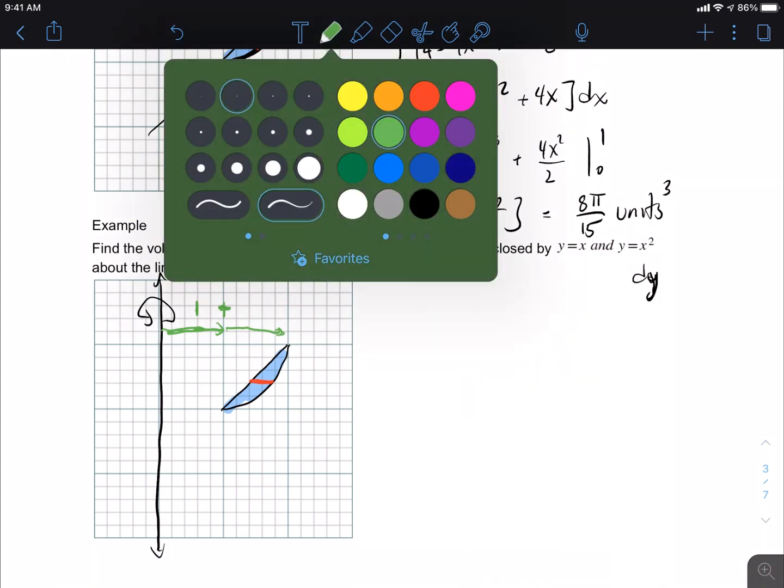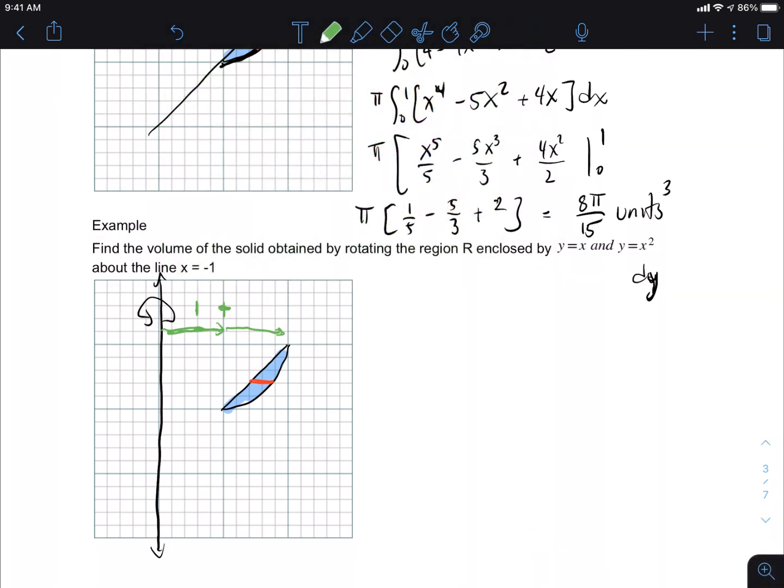Okay. It's crossing one. So what would y equals x squared be in terms of y? Not y squared. y equals x squared would be x equals what?